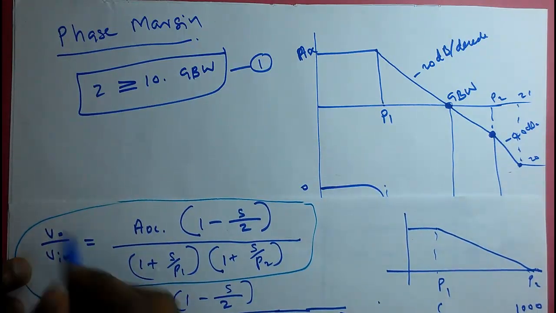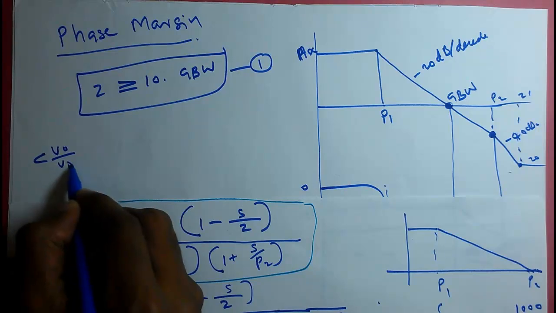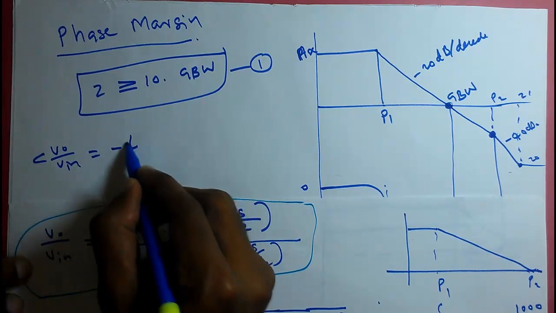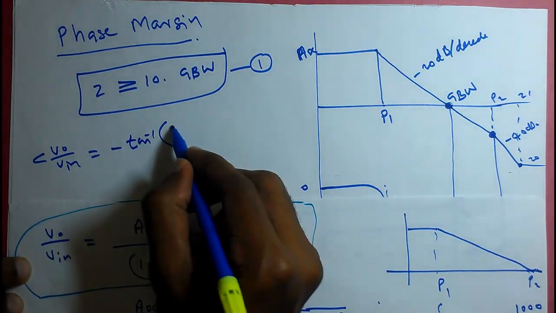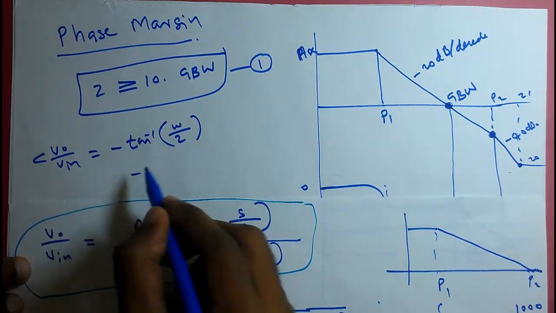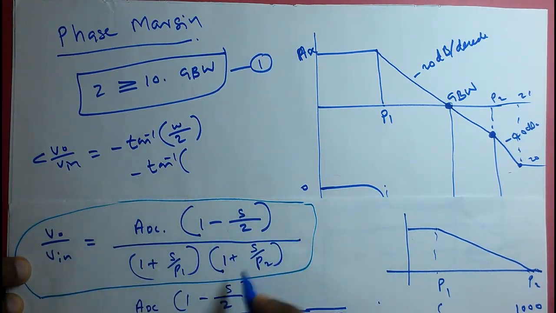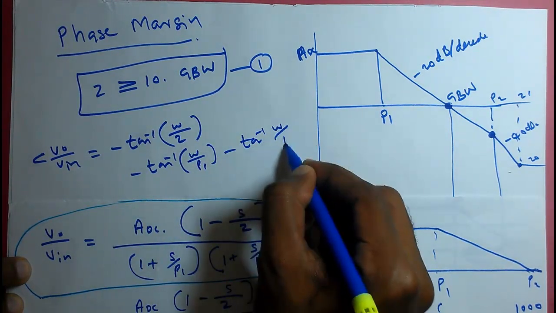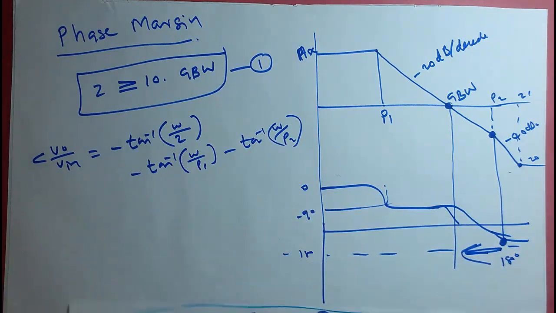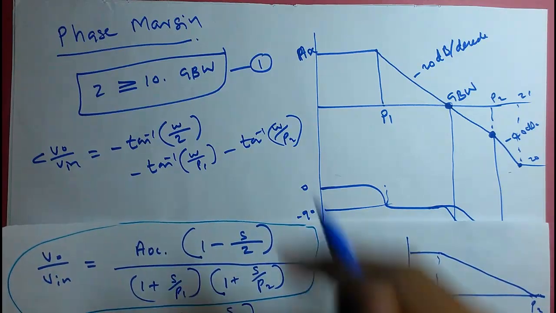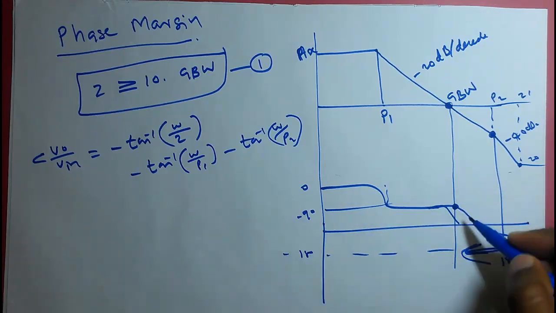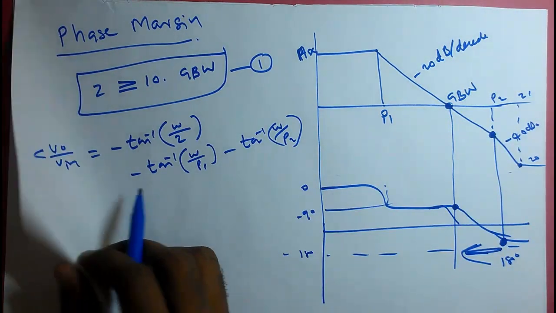So the angle of this transfer function Vout by Vin equals, ADC is not giving any angle, minus tan inverse omega by Z, minus tan inverse omega by P1, minus tan inverse omega by P2. This will be the angle. We have to make sure that with this angle we get at least 60 degrees of phase margin.